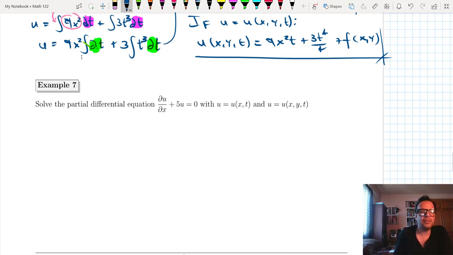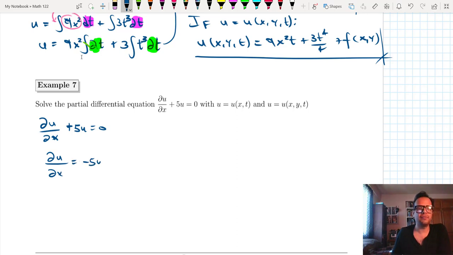So let's separate the variables as we did on the first few examples, plus 5u equals 0. So let me move the 5u to the right hand side. Negative 5u, and I'm going to separate the variables.